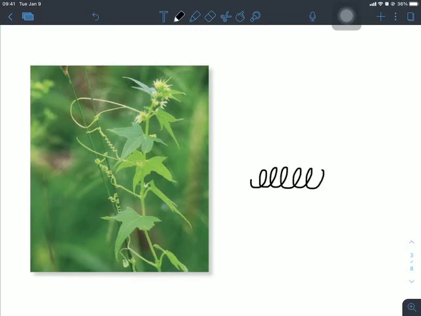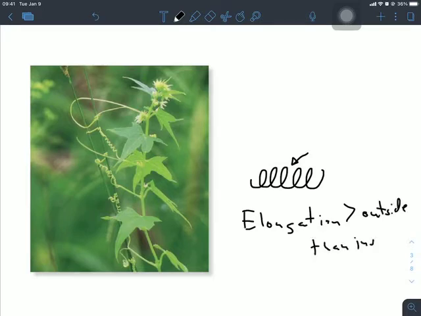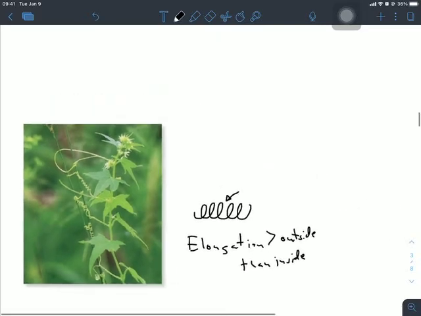How do we create a spiral? Well, we have cell elongation that's greater on the outside than on the inside. This causes the tendril, which is a modified leaf, to start curling around its subject. Pretty cool, right?